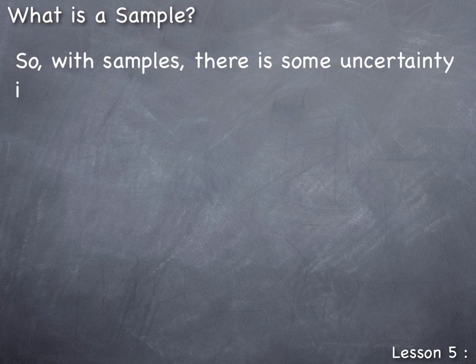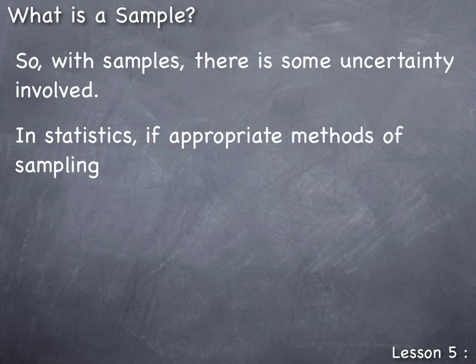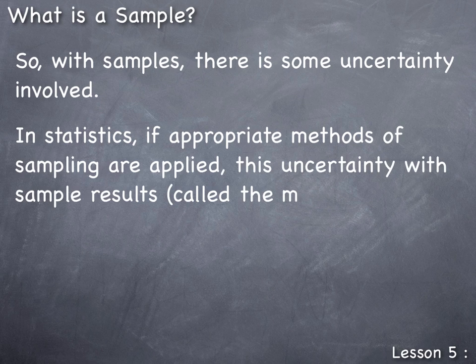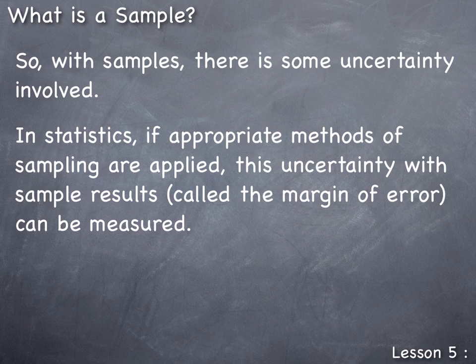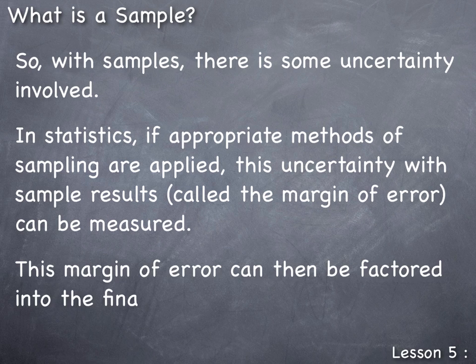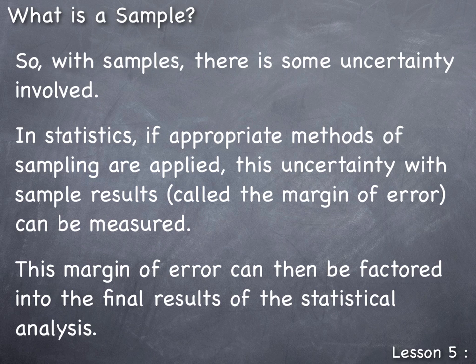So, with samples, there is some uncertainty involved. But not all is lost. In statistics, if appropriate methods of sampling are applied, this uncertainty with sample results, called the margin of error, can be measured. This margin of error can then be factored into the final results of the statistical analysis.